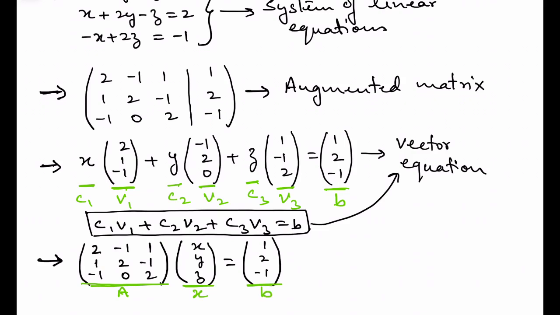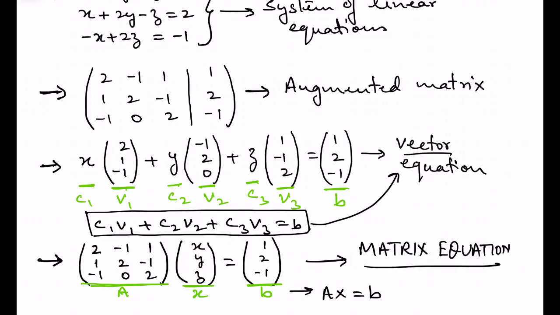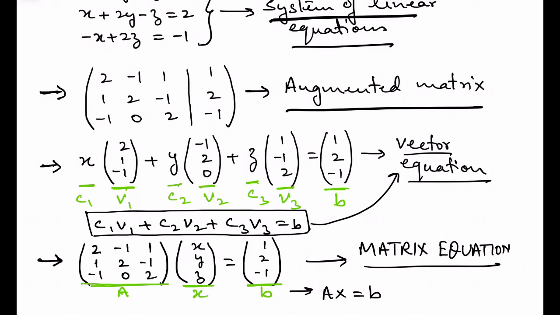So it's in the form of Ax is equal to b, which is in matrix equation form. So the linear equations can be written as a matrix equation, vector equation, augmented matrix, or system of linear equations.